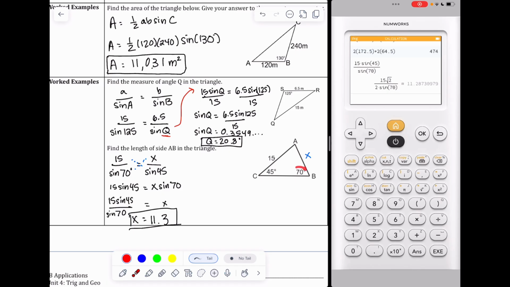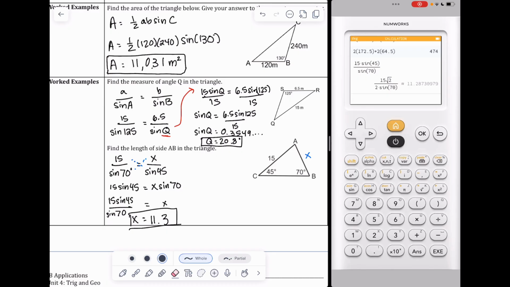So I know that 70 and 15 will be the longest side, 45 will be smaller, but generally it's not going to be so small, like less than 1, since 45 isn't that different than 70, and the relationship between angles and sides is somewhat proportional with all of the sine stuff.